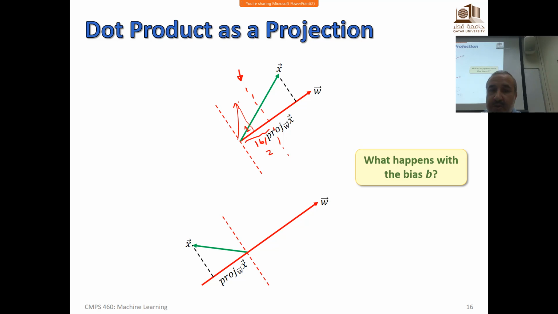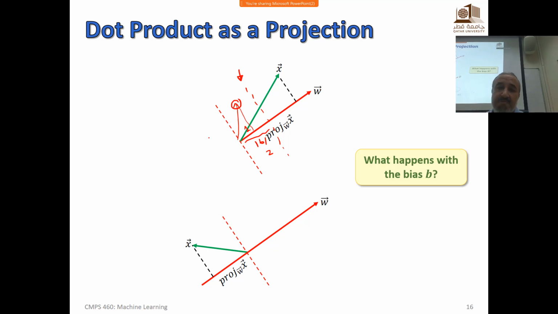So now this point will be predicted as negative. So we are actually pushing the decision boundary in the direction of W so that we can reduce the space for the positive examples. We are increasing the possibility of negative examples when B is negative. Okay, is that clear? Any question about that?